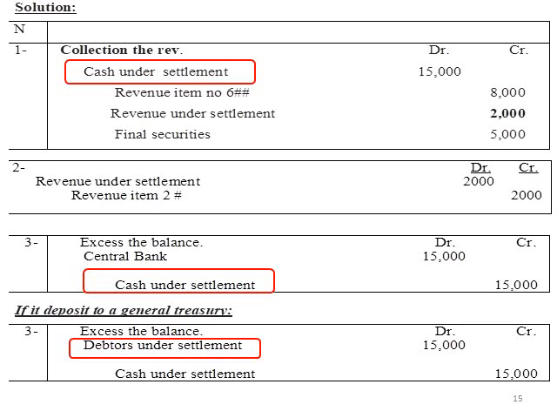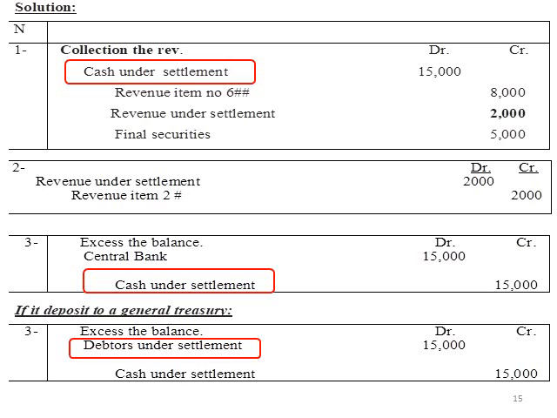Let's see the cash collection by subsidiary treasury. A difference. First step, cash under settlement. The first difference for general treasury, we call it treasury or we call it cash, but here we recorded cash under settlement, and also just 3 items.